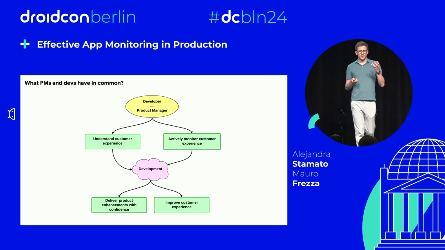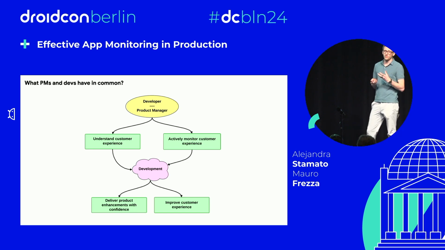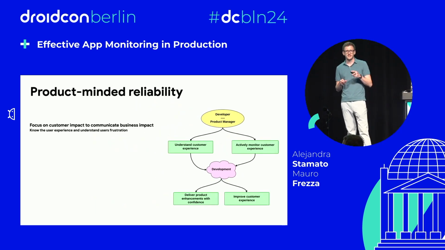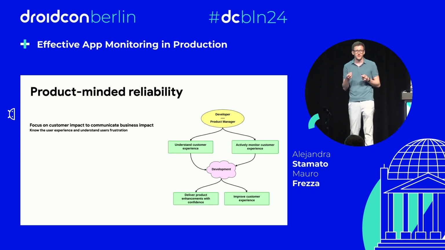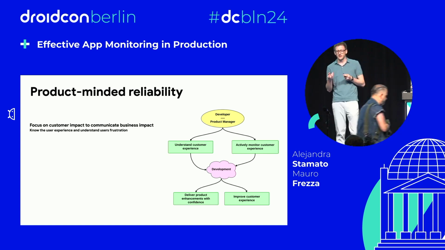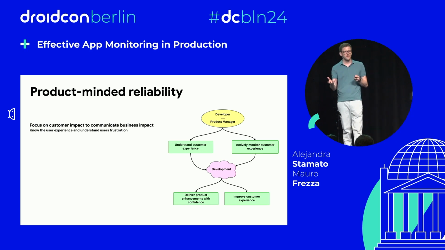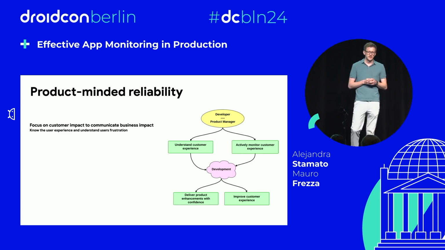With the top-down approach, we believe that we are more focused on the user. This kind of approach creates a product-minded reliability approach, where you're more focused on the customer, you understand the customer impact, and you're able to communicate the business impact because you have data backing up these claims.